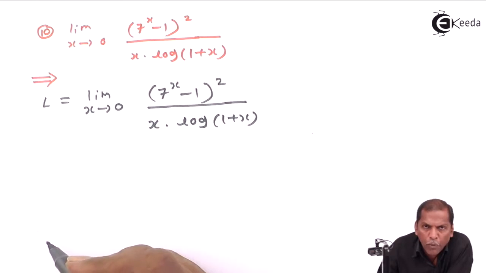Now to get the result, we have to divide the numerator and denominator by x squared.